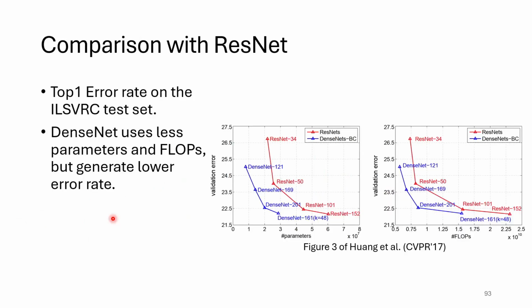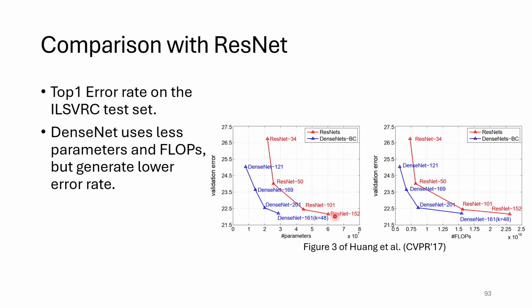So let's see the comparison first. There are many configurations for ResNet. There are 34 layers, 50, 101 and 152. The more layers, the more parameters, right?